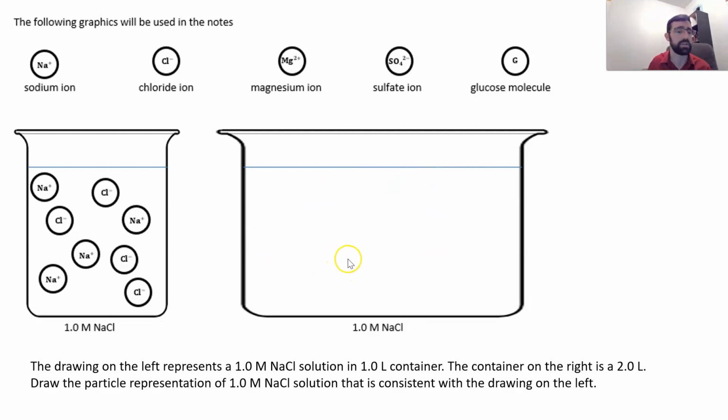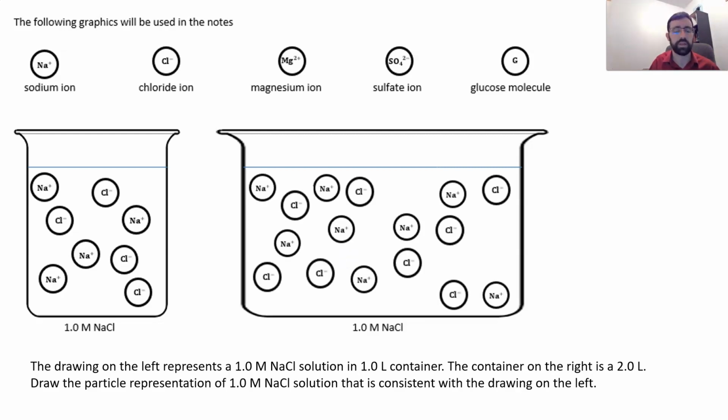Well, 2 liters is twice the volume. If I've got the same concentration, I would also have to have twice as many particles. So that's what I would draw. I would draw twice as many particles, twice as many sodium ions, and twice as many chloride ions.